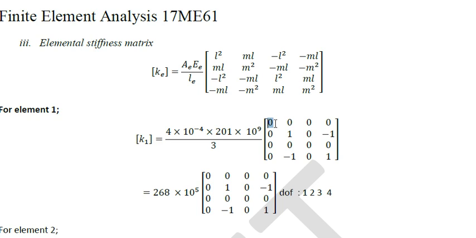After applying the direction cosines of element 1, we have got this answer. The degrees of freedom here: initial node is 1, final node is 2, that is why the degrees of freedom are 1, 2, 3 and 4.